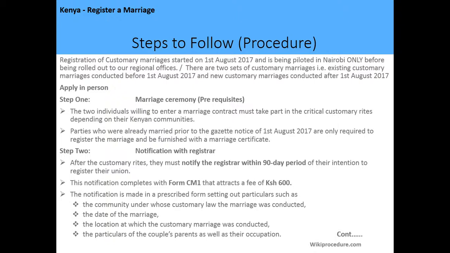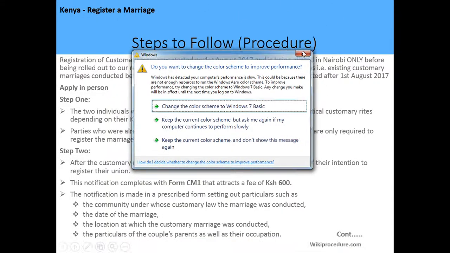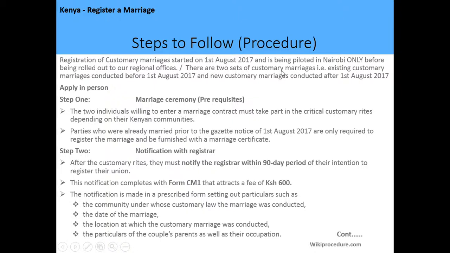Existing customary marriages are the ones which were conducted before 1st August 2017, and new customary marriages are those after 1st August 2017. So let's see how the application process goes.